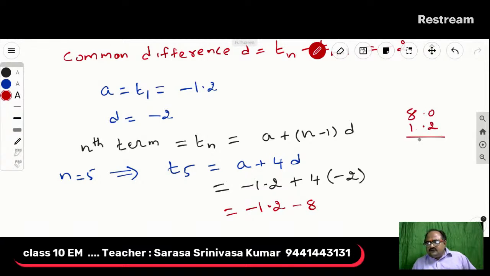So by adding these two, we get 9.2. Here we have negative symbol. So that is why minus 8 minus 1.2. Their addition is minus 9.2. So we write the last step here. This is minus 9.2.